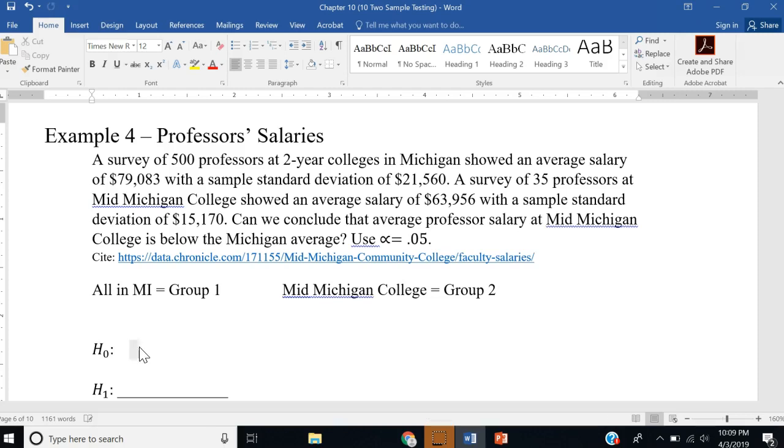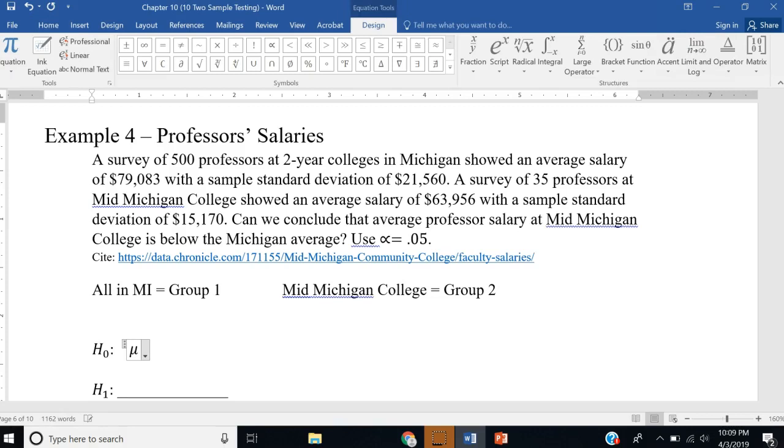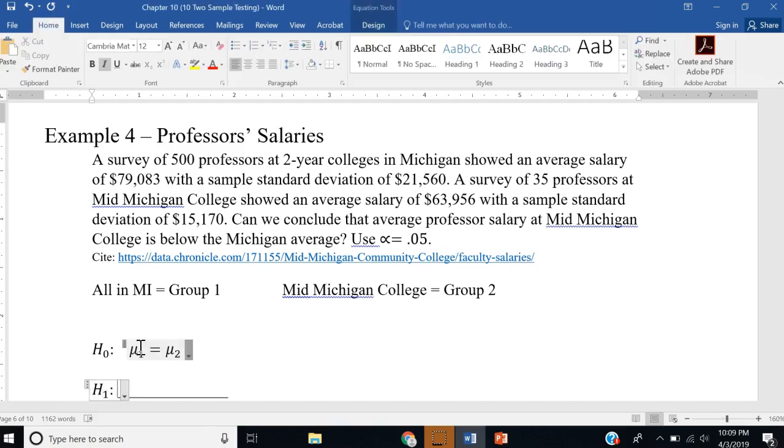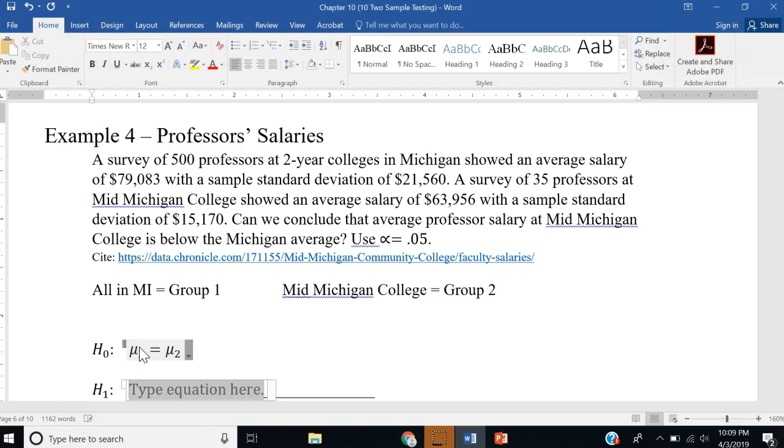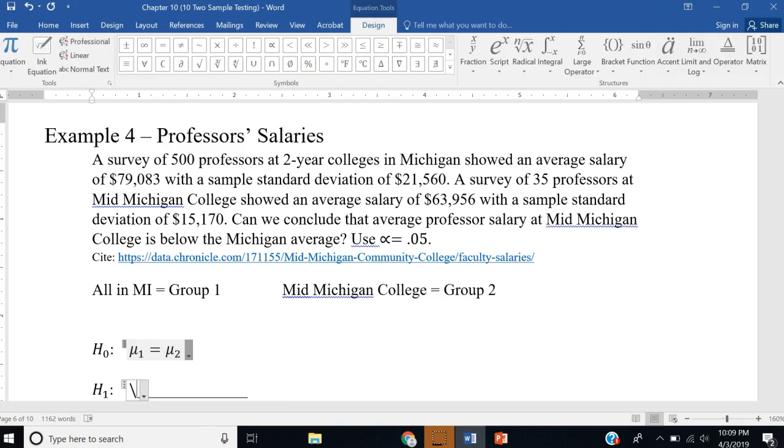So my null hypothesis, average of group 1 is equal to the average of group 2. My alternative hypothesis is that the average of group 1 is greater than the average of group 2.